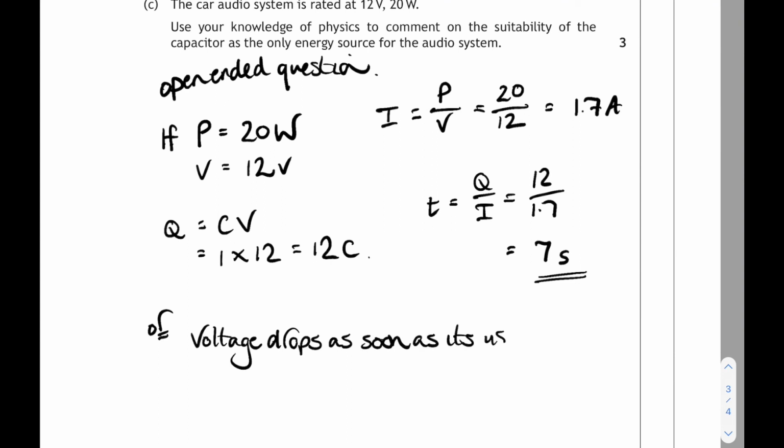It drops as soon as it starts supplying energy to the car audio system. And there's a whole number of other things you could have talked about. Open-ended questions are what they are. They're open-ended. You could write whatever you like, any kind of similar answer. But good advice is include relationships, include calculations to help you construct a good, full answer.